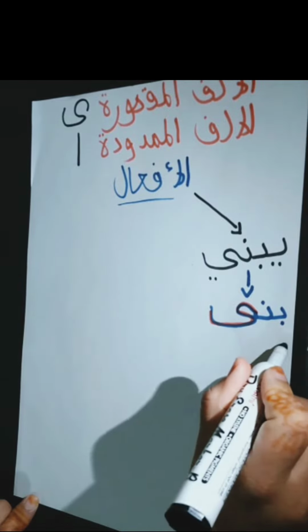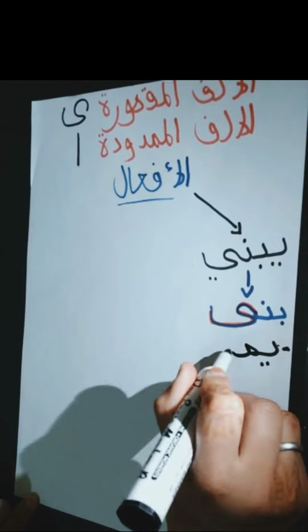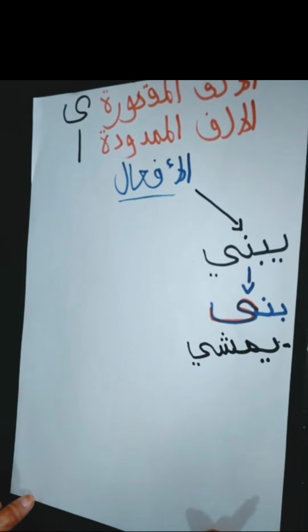We have يمشي. This is a verb. يمشي means I walk. Guys, I put this verb in present tense, and inshallah in the next video I will show you how we can put verbs in different tenses in Arabic. Okay, we will go back now to our lesson.